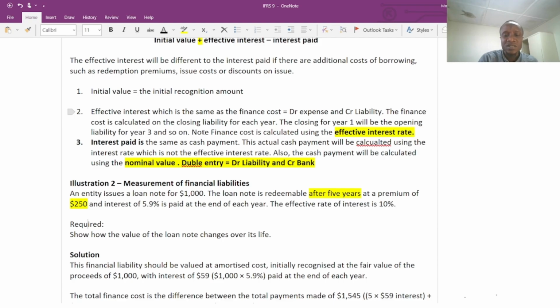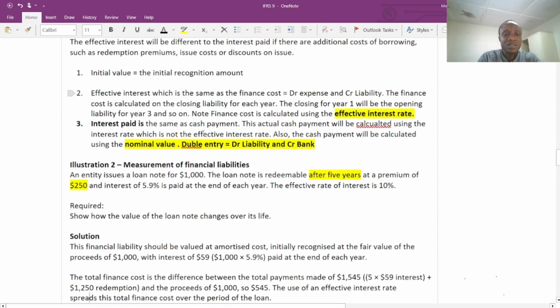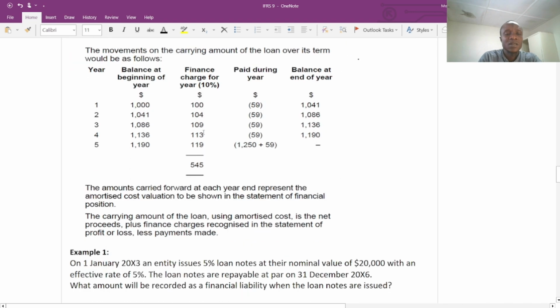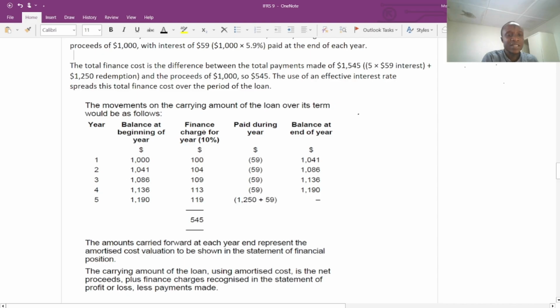So basically, look at the analysis down there. Now I'm going to explain the amortized table. The amortized table contains the year, the opening balance, which is the initial value, and the finance cost, which is calculated as a percentage of the opening value. I've already mentioned that.